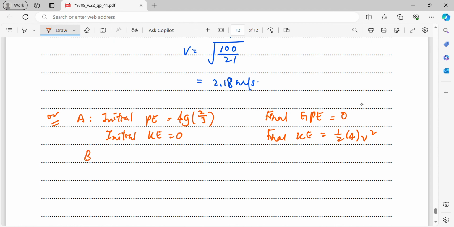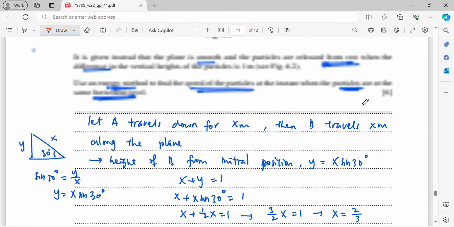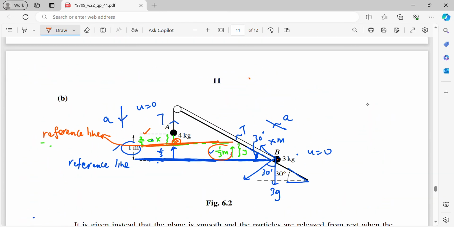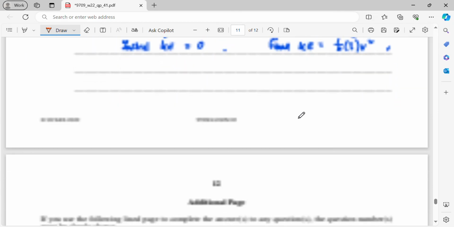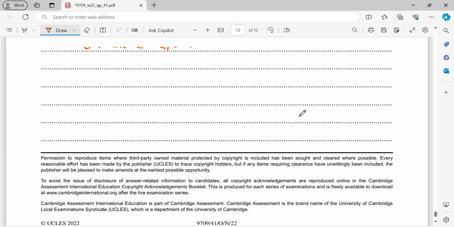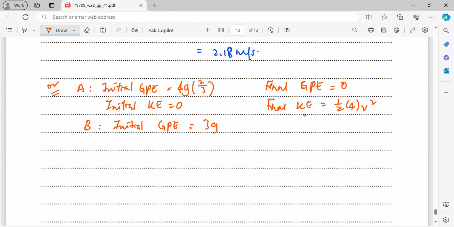So for the particle B, the initial GPE is going to be at first, so it is 1 over 3 meter below the reference line. Therefore, the H is negative 1 over 3. So I will write 3g times negative 1 over 3. Then the initial KE will be the same because both are at rest.